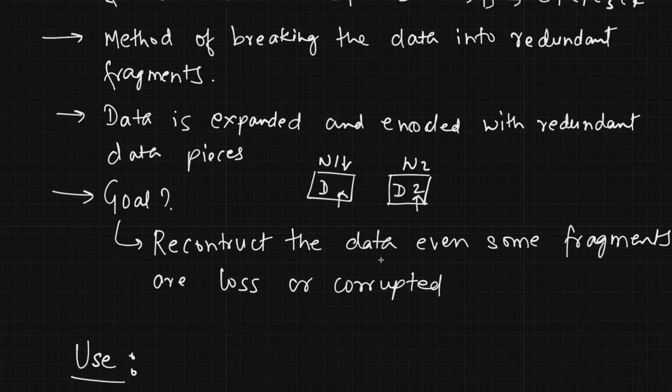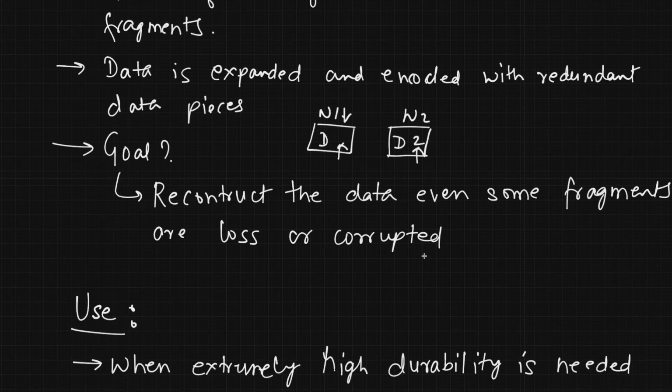So the goal is to reconstruct the data even if some of the fragments are lost or corrupted. In the ideal scenario, what would I want? Let's suppose this is my D1 data.